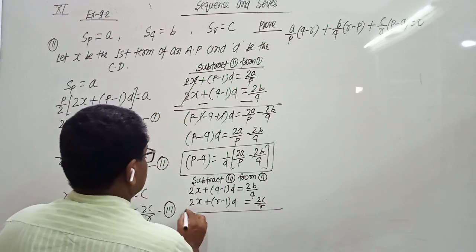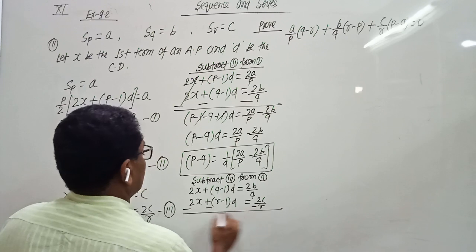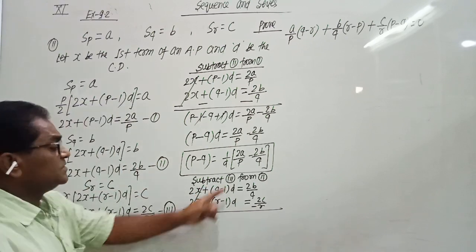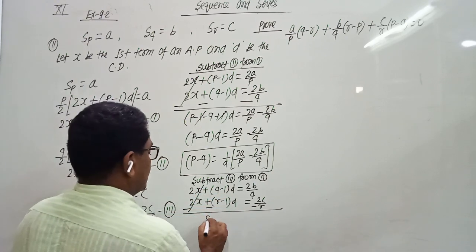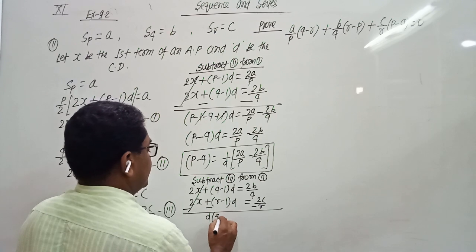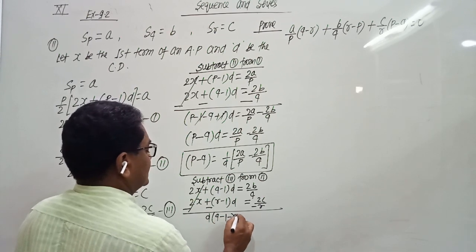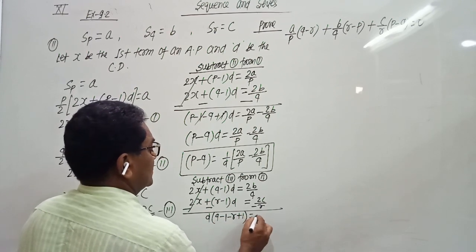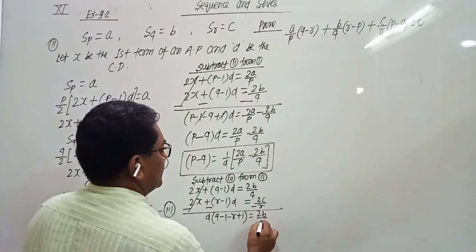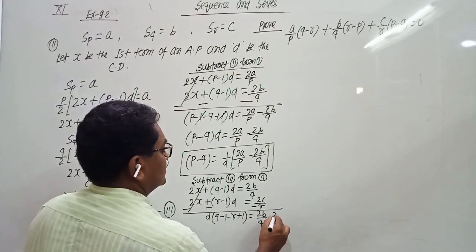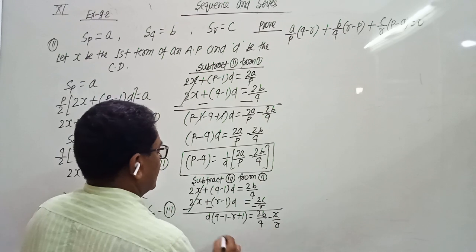Change the sign. 2x cancels, d is common. So we get (q - 1 - r + 1)d = 2B/q - 2C/r.